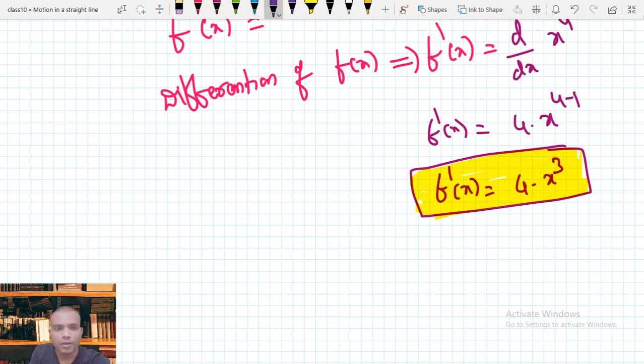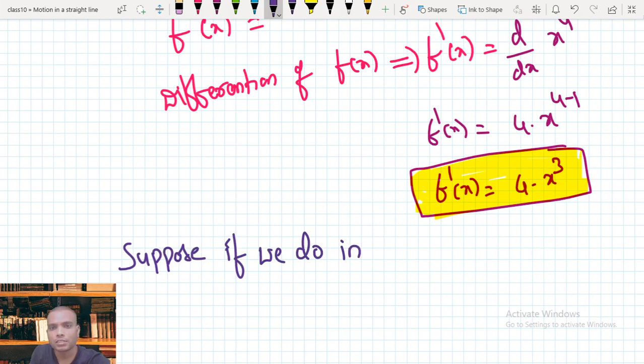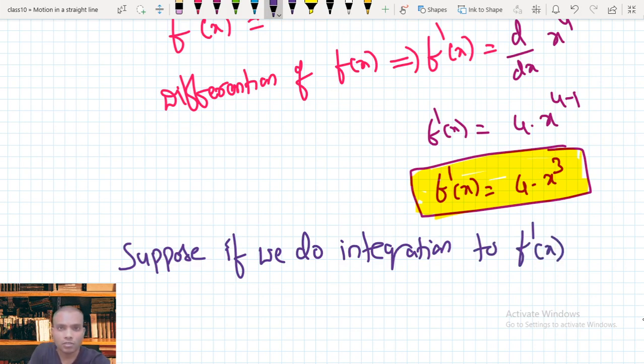Suppose we do integration to this f dash x, what should we get?